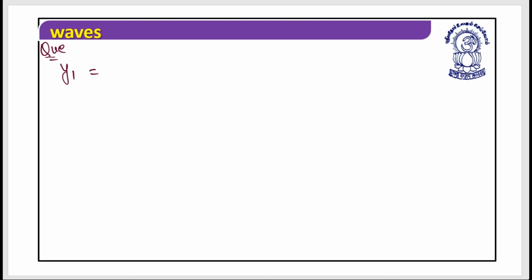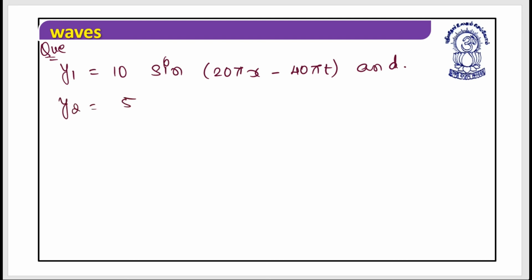Let's have a look. Suppose I have been given that y1 equals 10 sine 20 pi x minus 40 pi t, and y2 equals 5 sine 20 pi x minus 40 pi t plus pi by 3. It's 60 degrees. I hope this is clear.